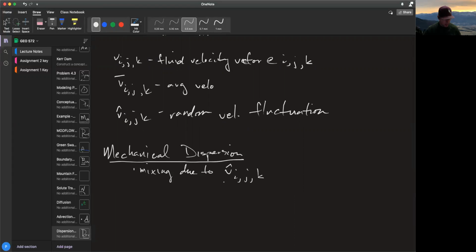All right, and there are some properties that we should think about with mechanical dispersion and this velocity distribution. And the first is that V hat, the distribution V hat, is not the same in all directions.